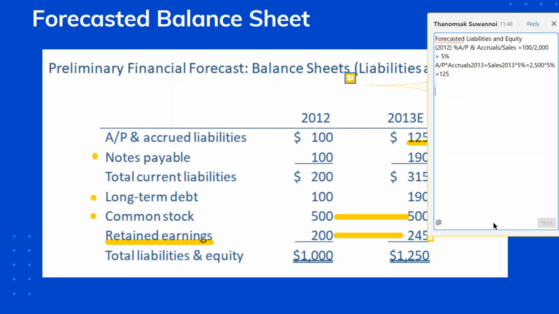We have forecasted accounts payable and accrued expenses, which is equal to $125 in 2013. We also assume that the common stock will be the same, $500. We also calculated retained earnings in 2013, which is equal to $245. The last step is to calculate additional funds needed.